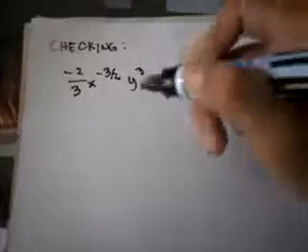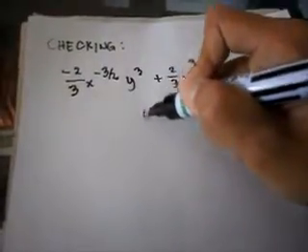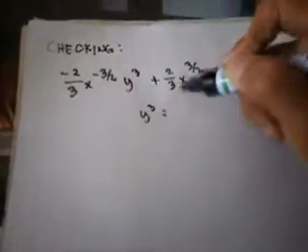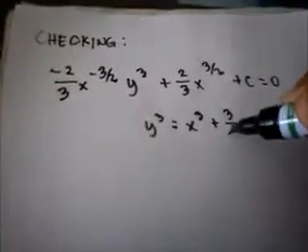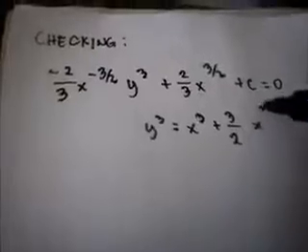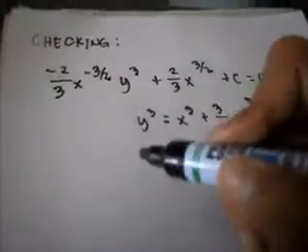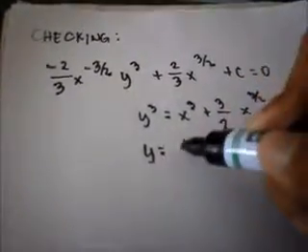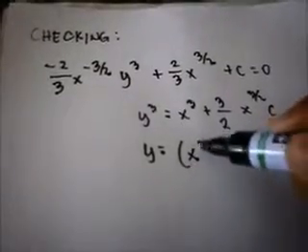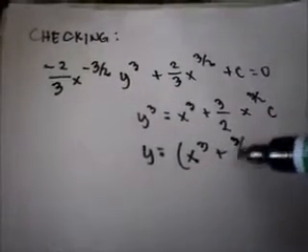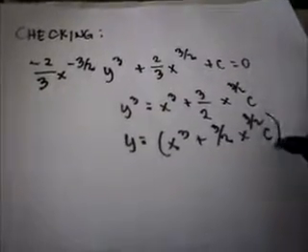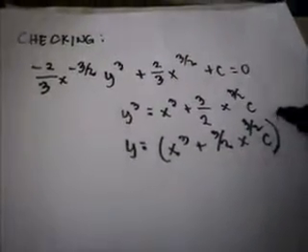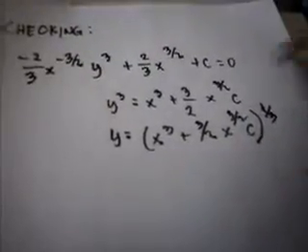If we simplify and manipulate this, we get y cubed is equal to x cubed plus 3/2 x to the 3/2 c, and y is equal to x cubed plus 3/2 x to the 3/2 c, all to the 1/3. So this is our value of y.